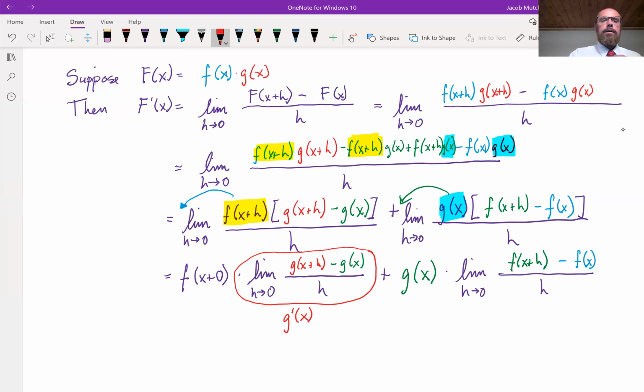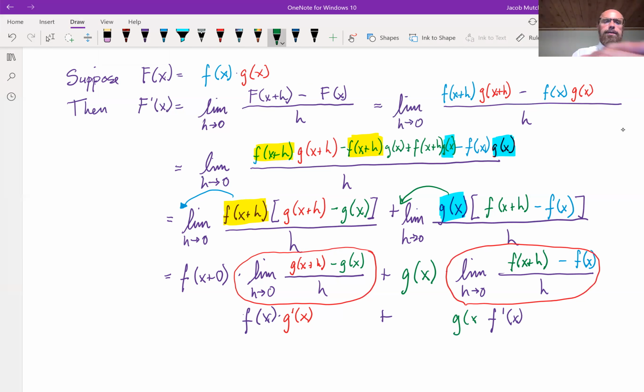And then if I look at this second limit, the limit as h approaches 0 of f of x plus h minus f of x over h, that's nothing but the derivative of f of x. And then if I just bring my original terms, f of x plus 0 becomes f of x plus g of x.